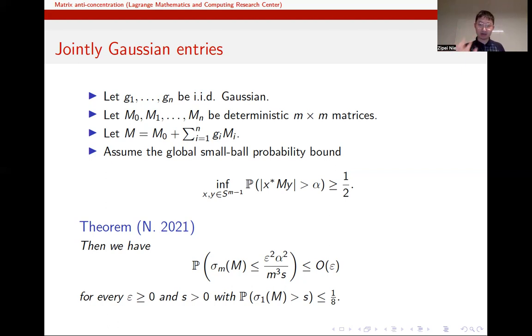The global small ball probability bound is simply a probabilistic and quantitative version of the condition described in Fenchel's theorem.